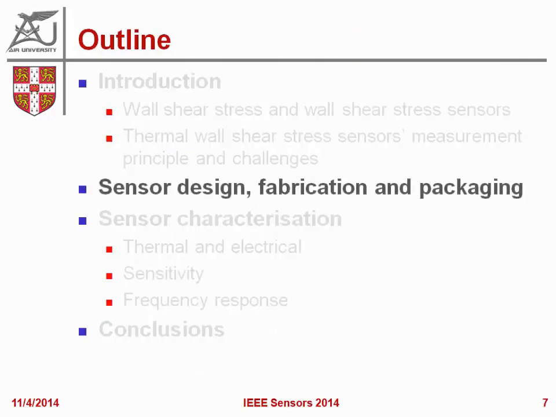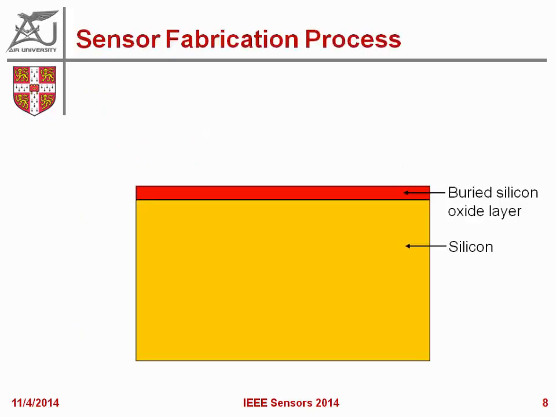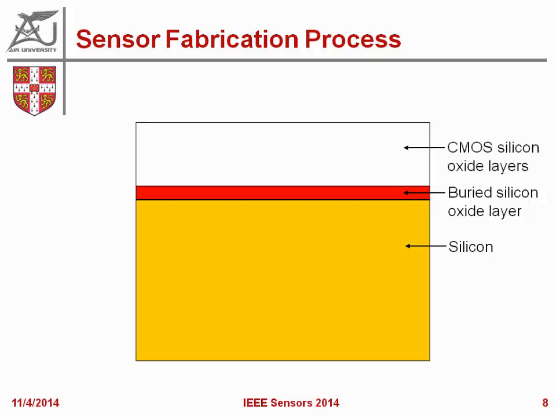Now I move to my sensor design, fabrication, and packaging. It's a very crude kind of animation, but we start with SOI wafers, and the device layer is removed and replaced with the metal layers, which are given in the CMOS process as interconnect layers.